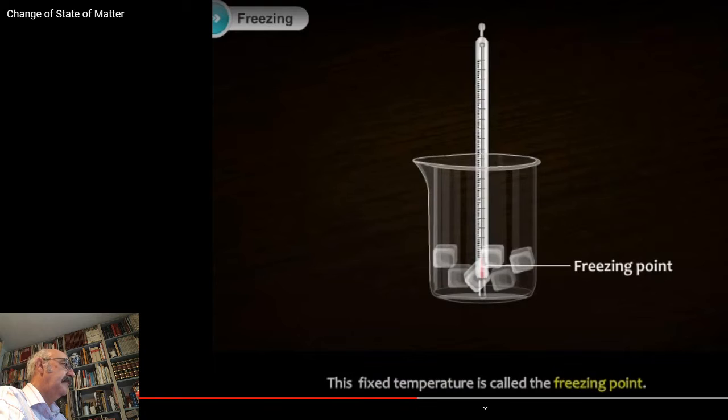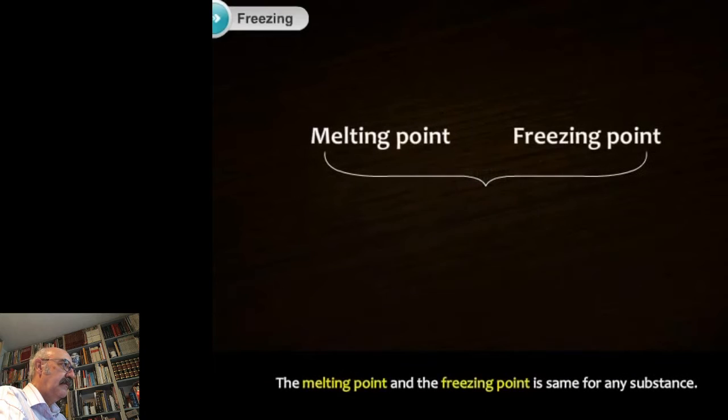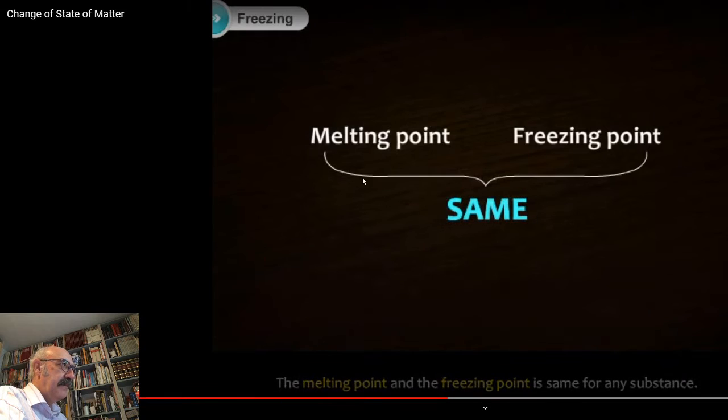This fixed temperature is called the freezing point. The melting point and the freezing point are the same for any substance. But melting is from solid to liquid, and freezing is from liquid to solid. The same temperature, okay? But the direction is different.